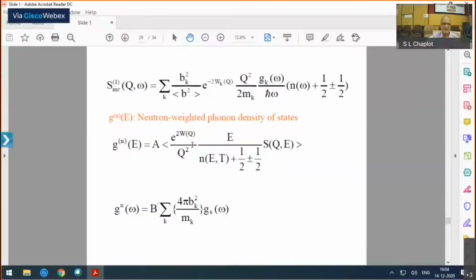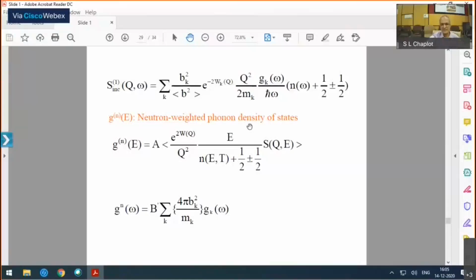But experimentally, when converting this data into this, you can't take it out of the sum. So, most of the time, people just assume an average value and use such an expression and give you a neutron weighted density of states.